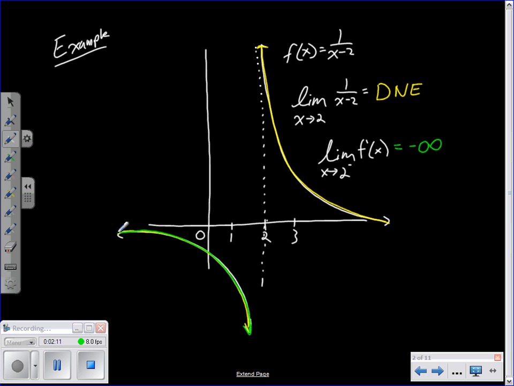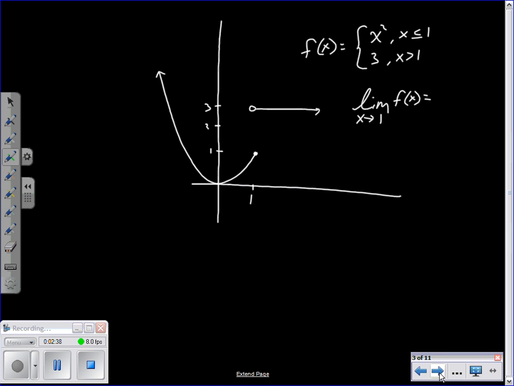And similarly, if I want to find the limit as x approaches 2 from the right-hand side for my function f of x, I can track from the positive side of 2, and as I get closer to x equals 2, my y values are going up forever, which would be positive. So in this case, I have a two-sided limit that does not exist, and then I have my two separate one-sided limits that do exist.